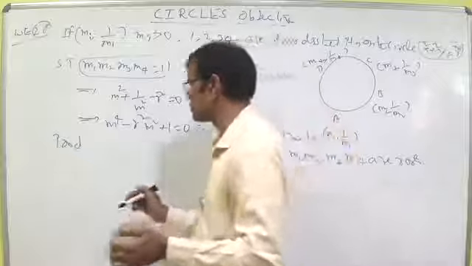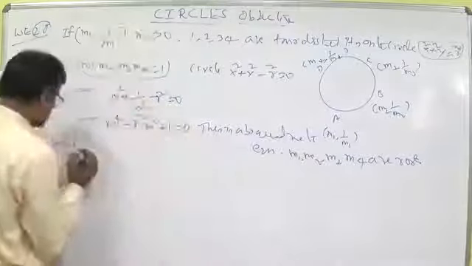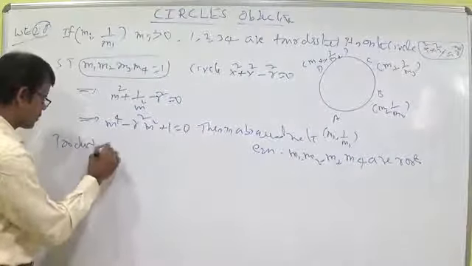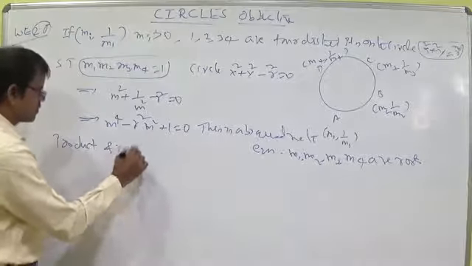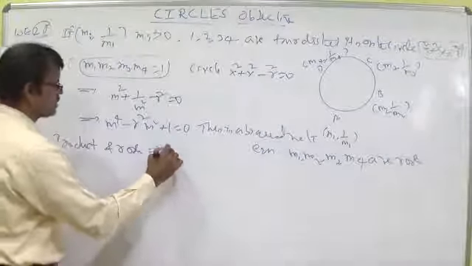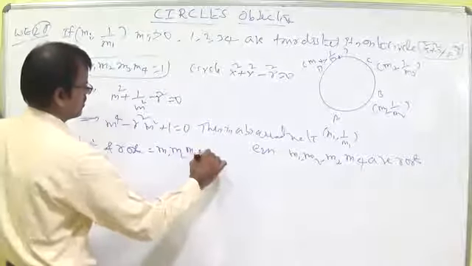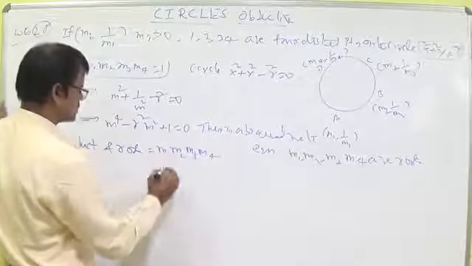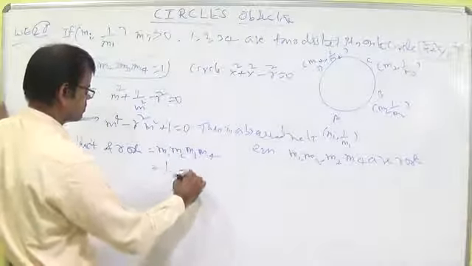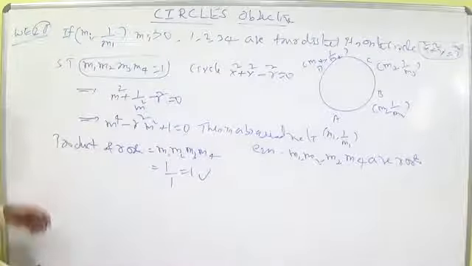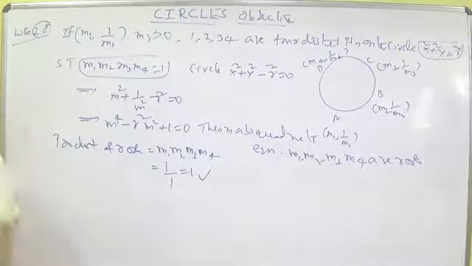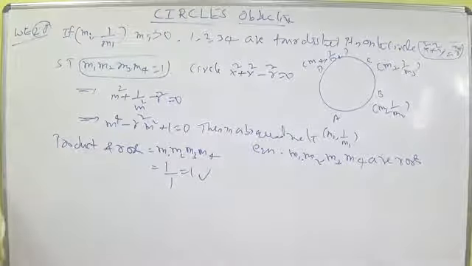The product of roots we can get as plus 1, simply c by a. So m1 m2 m3 m4 equal to 1 by 1, that's all. It is equal to 1. So the product of roots is equal to 1. It is an important question for MSET.